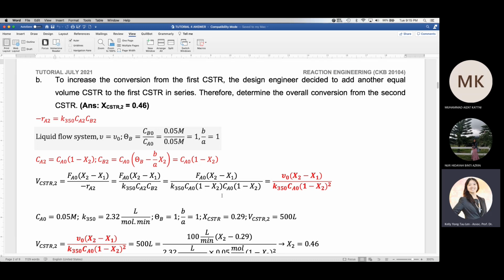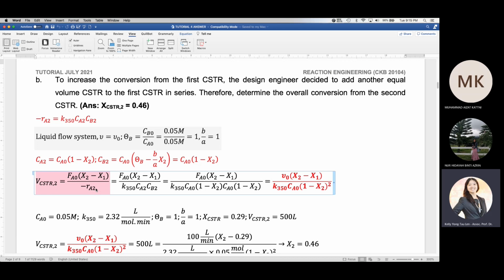Saya terang macam ni, okay. Dalam chapter 2, kamu pernah belajar equation ni, maksudnya, volume CSTR yang kedua equals to FA0 in bracket X2 minus X1 per minus RA2. Yang ni kamu dah pernah belajar dalam chapter 2.